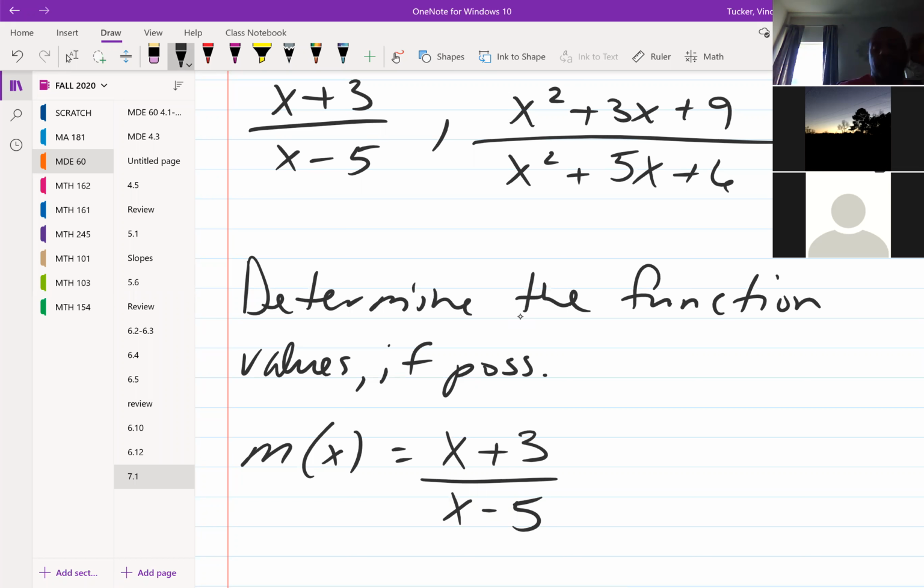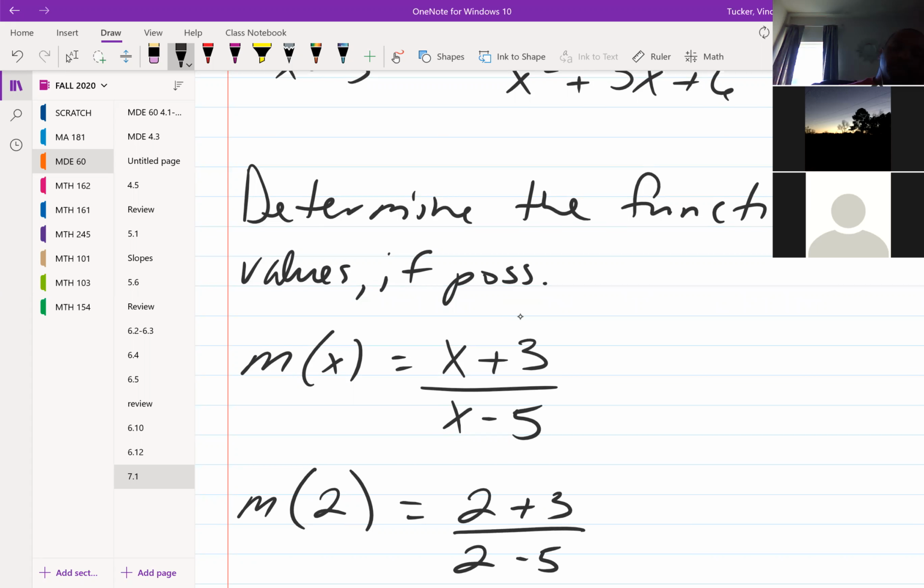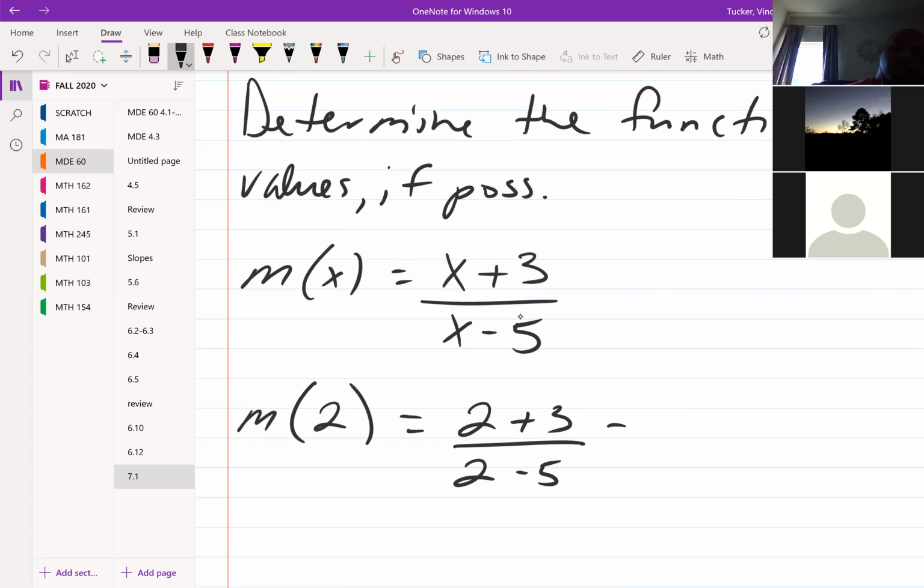So we have a rational expression, x plus 3 over x minus 5. And if they ask you to find m of 2, all that means is that you will plug in 2 where x is. It's 5 on top, 3 on bottom. It should be negative 3, right?